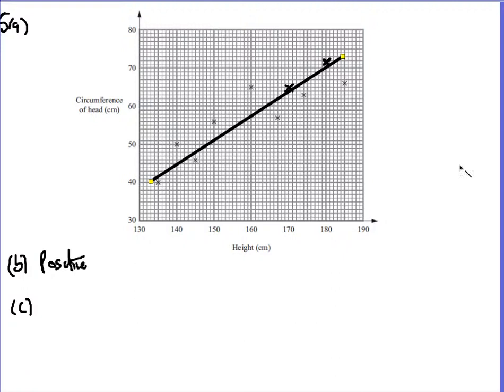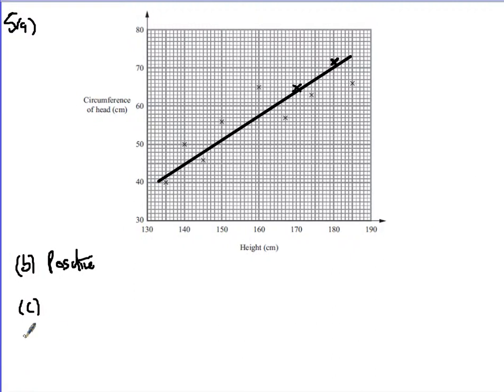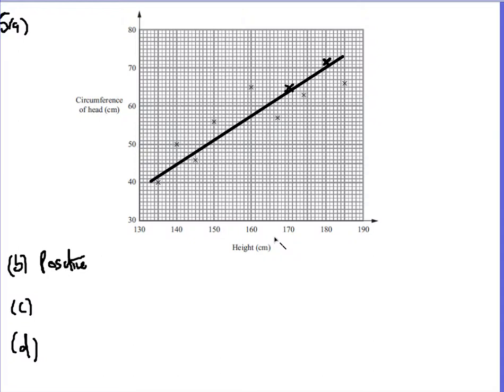And then part D, estimate the circumference of the head of a person who is 156 centimeters tall. So you take your ruler, go to 156, go up, and as you hit the line, you then go across from that point there, and I've got 55.